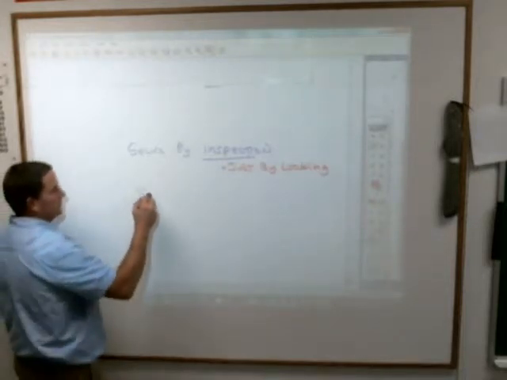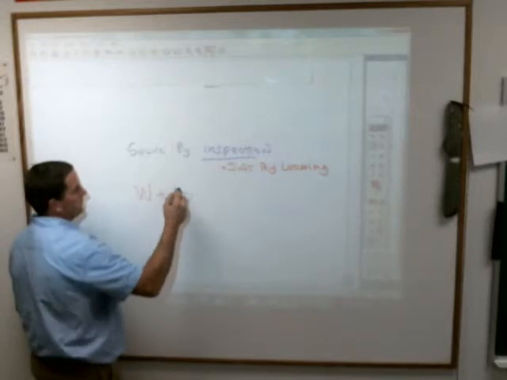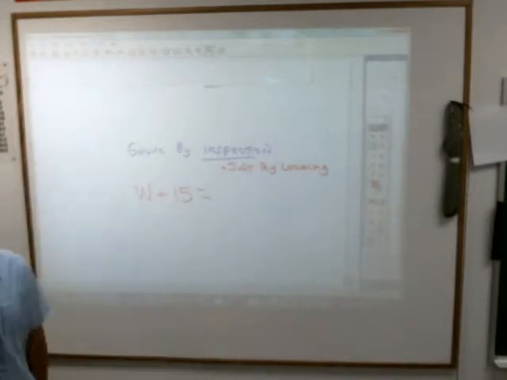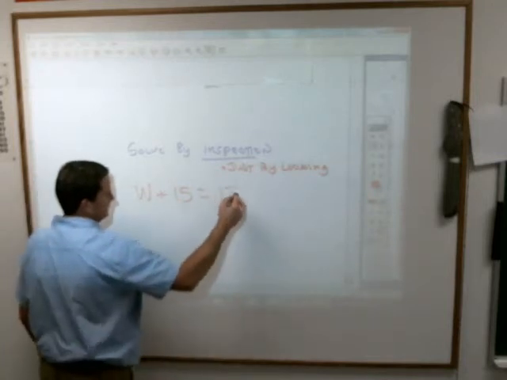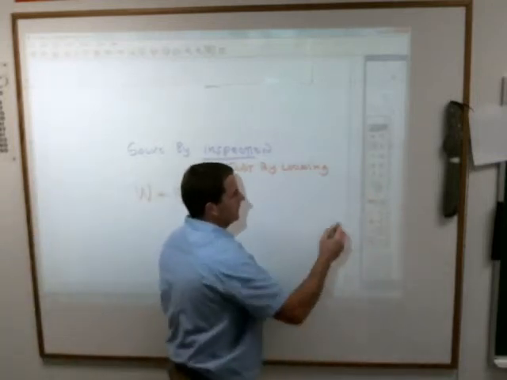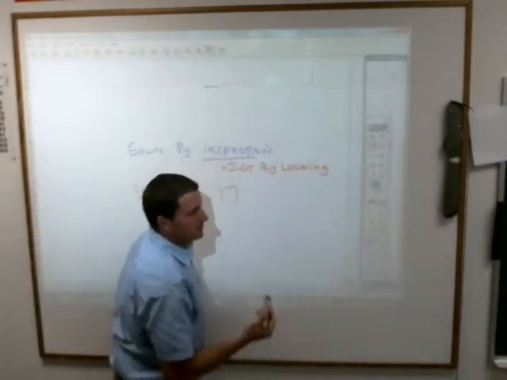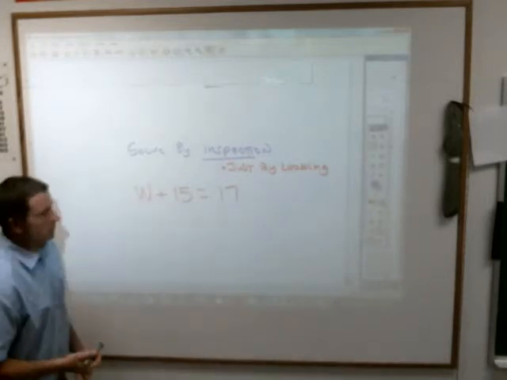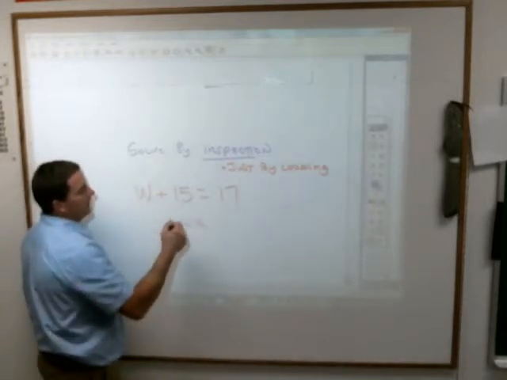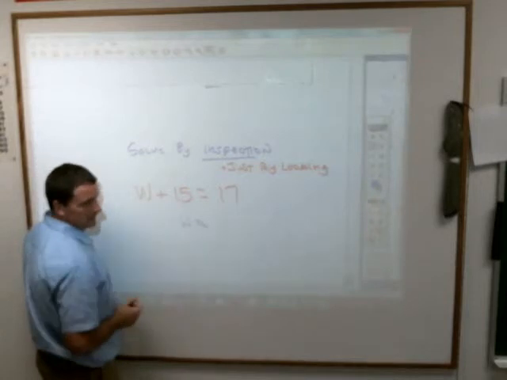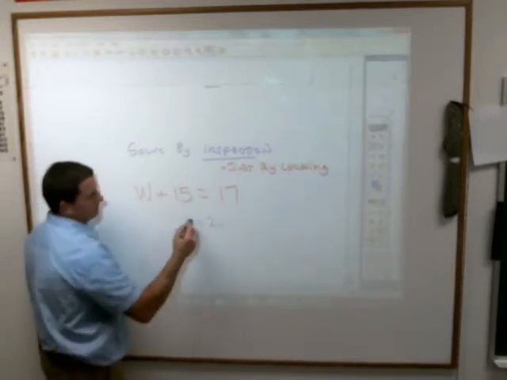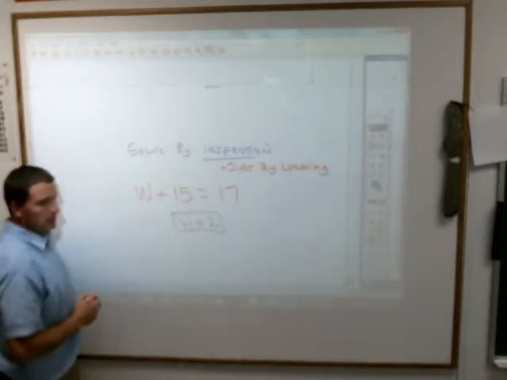For example, this. W plus 15 equals 17. If they say to solve that by inspection, you don't have to show any work. You can just go, what number when you add it to 15 gives 17? 2. No work shown.